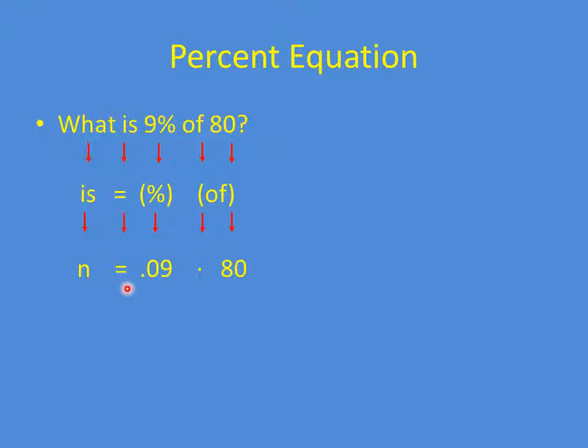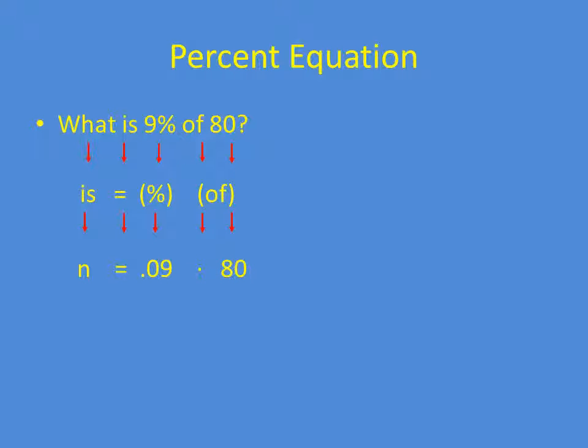I've brought my equal sign down. I change my percentage. Remember, I've got to move it 2 spaces to the left to a decimal, which is 0.09 in this case. My "of" means multiplication. And then I just bring down my 80.